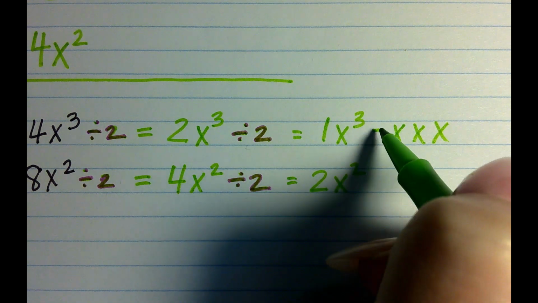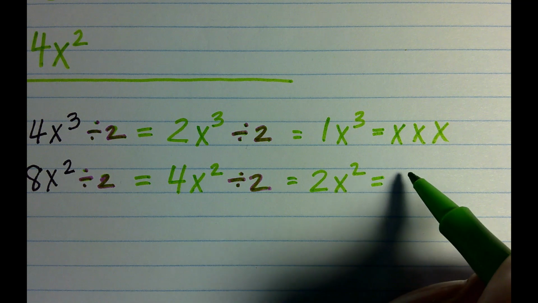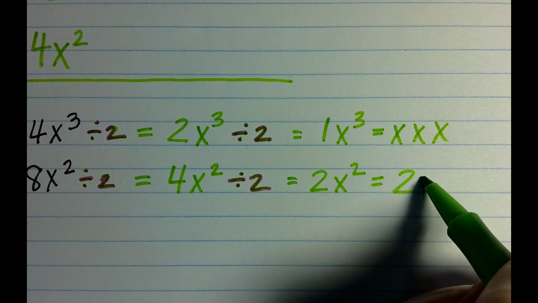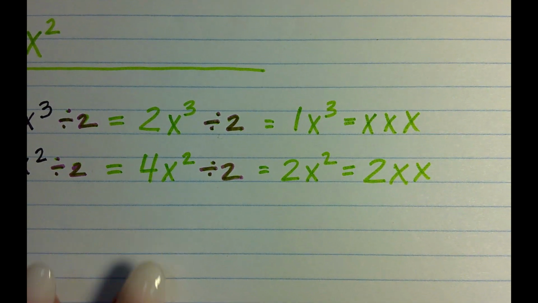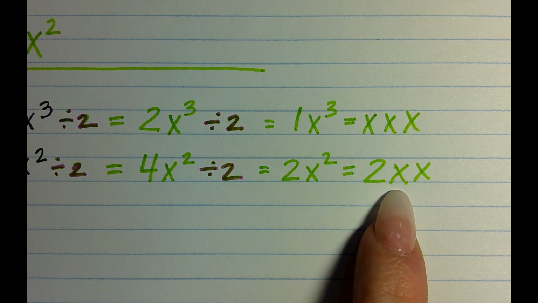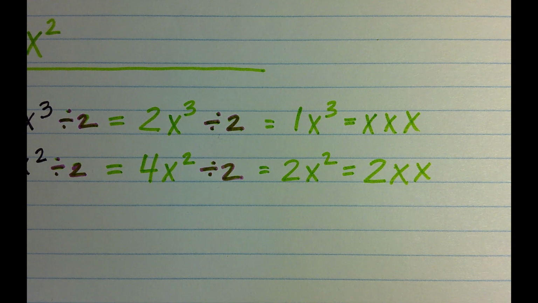So I'm going to write that. 2x to the 2nd power just means 2x times x. So there's 2 x's here. There's 3 x's here. Right? Okay.